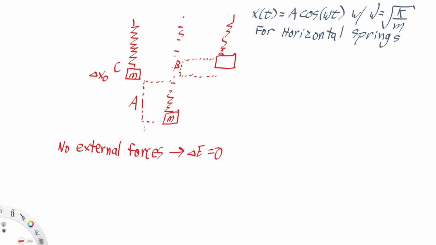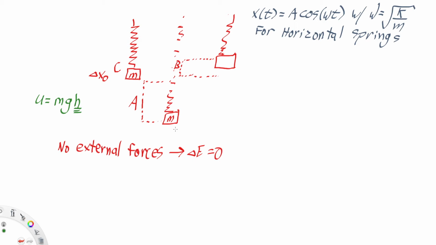And this is something that we have to do anytime we're dealing with gravitational potential energy. So if we have gravitational potential energy equals mgh, we need a point from which h is measured. So there has to be a point where this energy is 0 in order for the height to make sense.